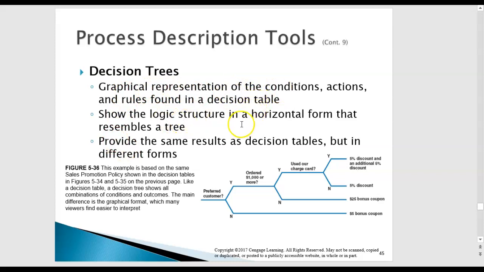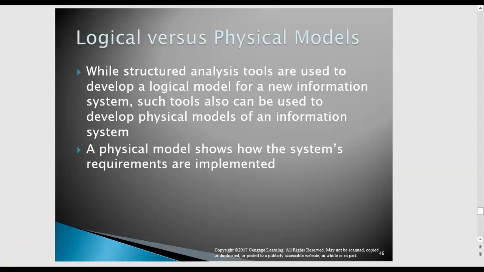It shows the logical structure in more of a horizontal format, and it resembles a tree because all these conditions, when they're exploded, branch out just like tree branches. It provides the same results as decision tables, but in a slightly different and simpler format.